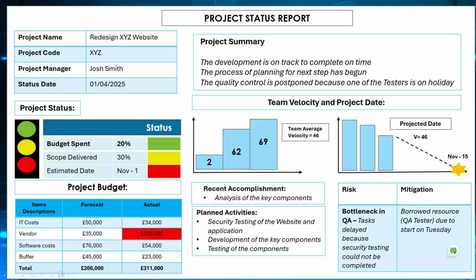And then you can see that the total at the end of this phase was meant to be 206,000, but it's actually 311,000. So this is the one that the financial person, the key stakeholder, the finance person is more interested in, and it could actually call for a meeting between yourself, the product owner, and you, the APM, to say, okay, so why do we have this high figure?